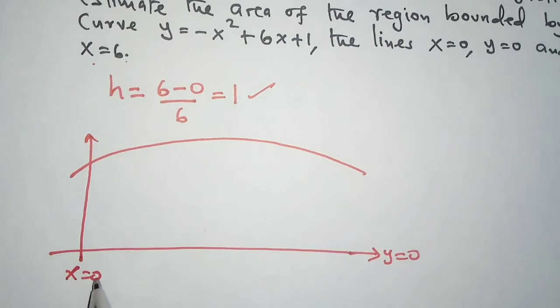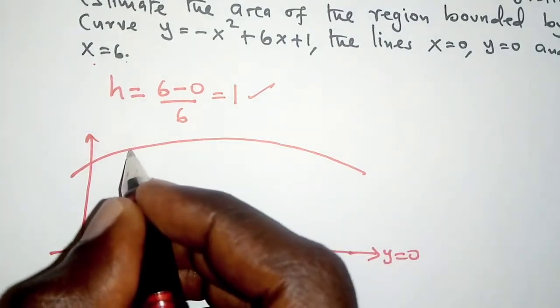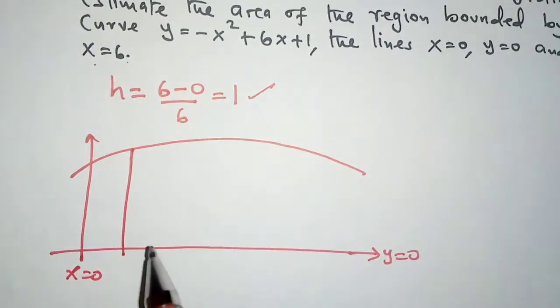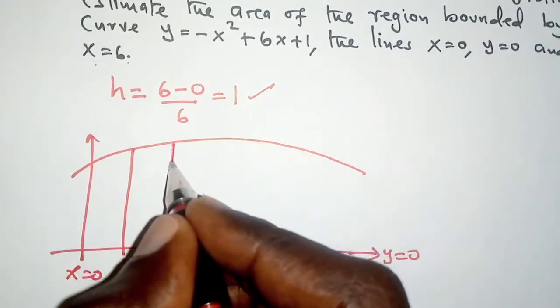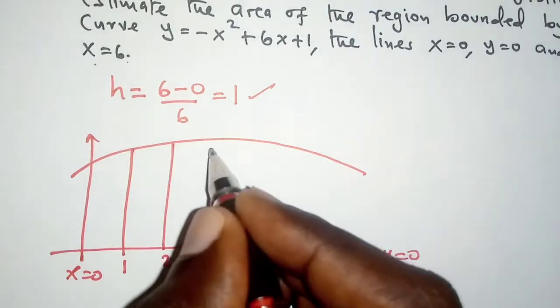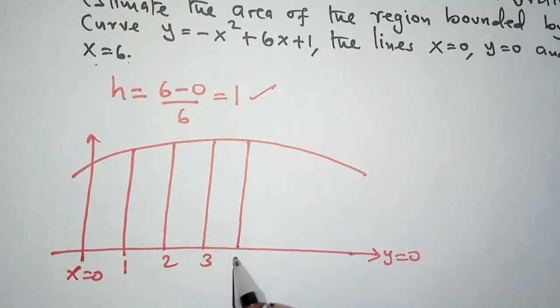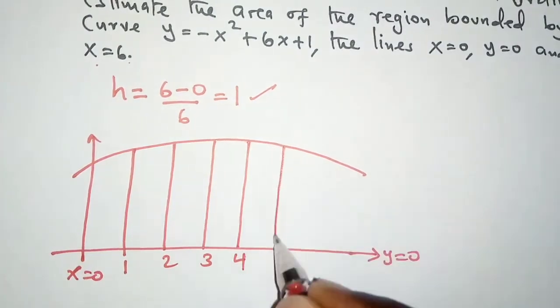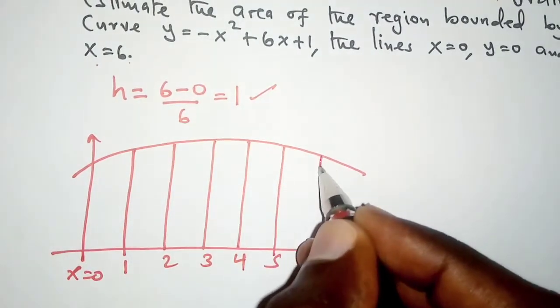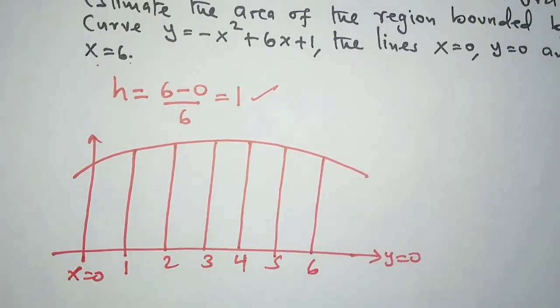Remember, beginning from x is 0, we need to consider a width of 1 from 0 to 1, another width of 1 from 1 to 2, then 3, 4, 5, and finally 6.